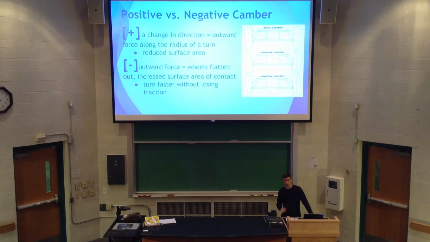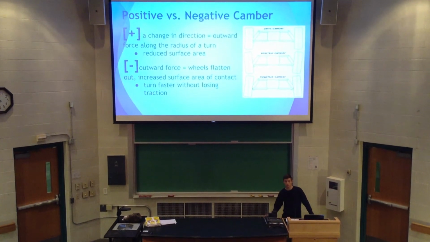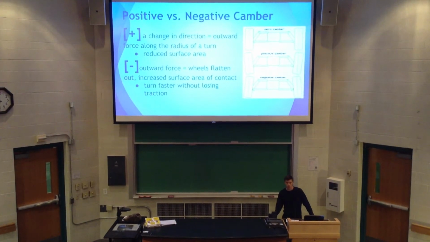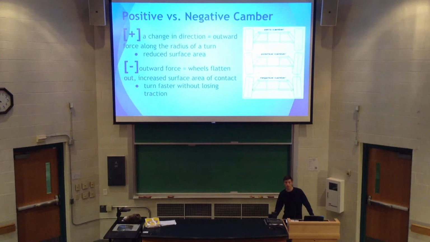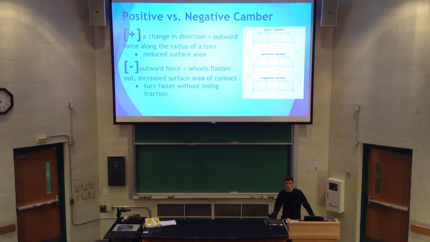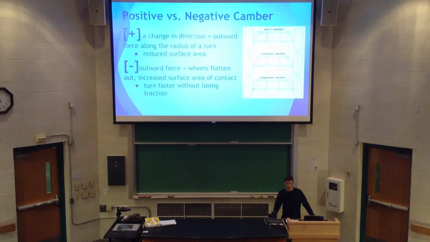Since it'll be flat on the ground, there will be increased friction between the tire and the ground, so you'll be able to take the turn a little bit faster, and the suspension system won't be compromised because the wheel is in an unnatural position.